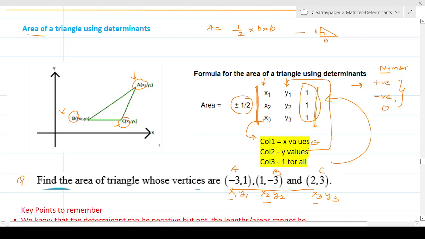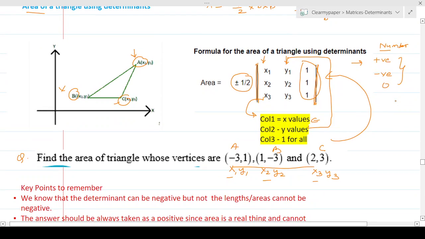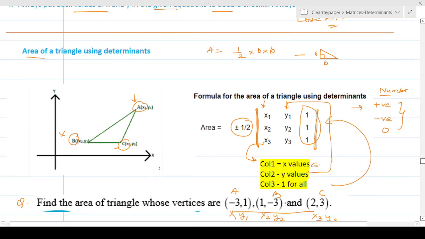But what we know is that the determinant can be negative, yes, but the area or length in terms of real geometry cannot be negative. You cannot have a negative area or negative length. You cannot say this length is -5. What does that mean? You don't know. So the length can be 0 or 5.